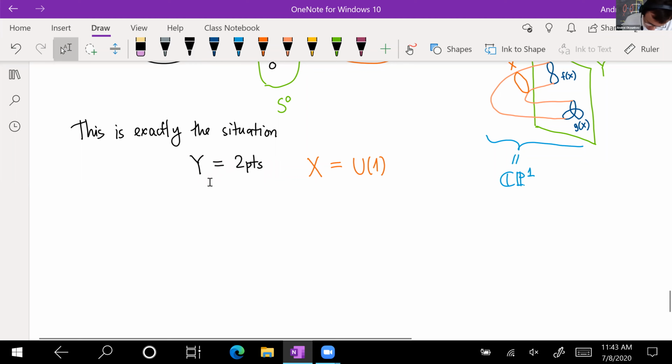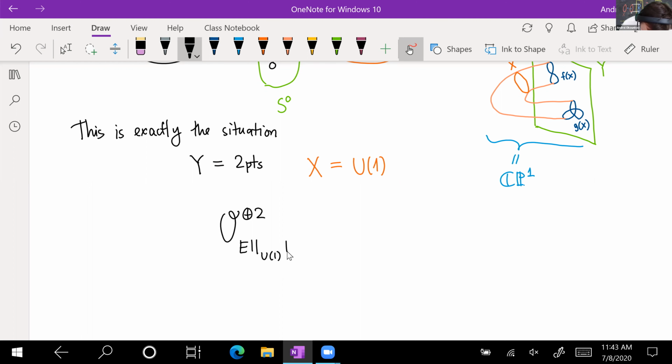And so what's the elliptic homology of Y? Elliptic homology of Y is just 2 copies of the elliptic homology of a point. So let me take 2 copies of the elliptic homology of a point, U1 elliptic homology of a point. And that's just my elliptic curve.